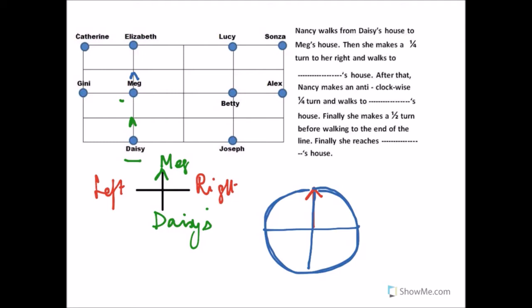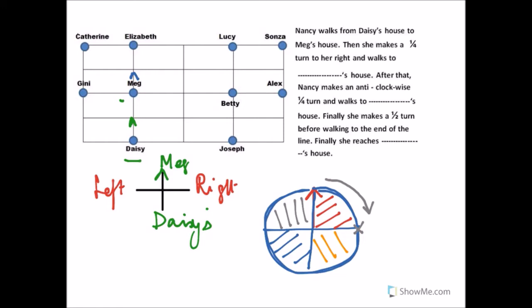So let's divide the full turn into 4 parts. This is one part, this is the second part, this is the third part, and this is the fourth part of the turn. So the full turn is divided into 4 parts, and if she goes and comes and stops here, she takes exactly 1/4 of the turn.